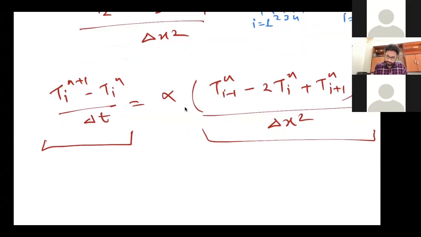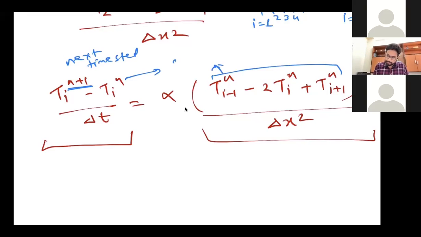Okay, and if you look at this carefully, this term is for the next time step, right? And the n here, all these n's, they all belong to the current time step.